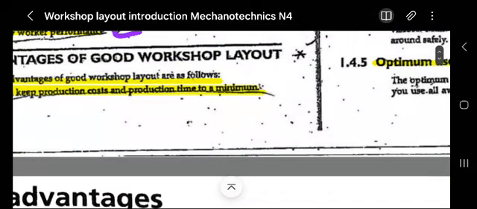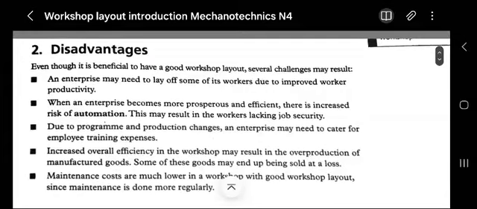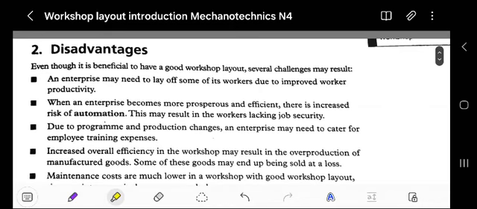So here is another important thing: the disadvantages. Surely they might ask you about the disadvantages. Even though it is beneficial to have a good workshop layout, there are several challenges that may result.